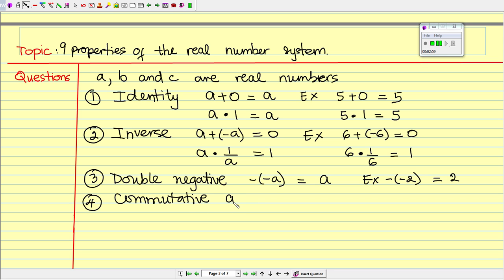This says that the sum of A and B is the same as the sum of B and A. The product of A and B is the same as the product of B and A. So for example, the sum of 1 and 2 will be the same as the sum of 2 and 1. The product of 3 and 2, which is 6, will be the same thing as the product of 2 times 3.